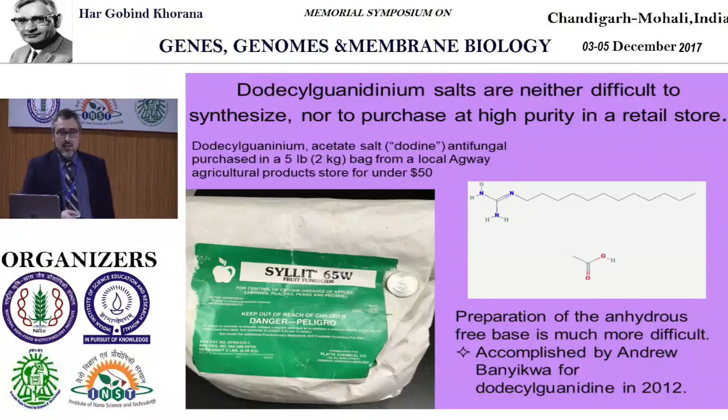But several of the keys to doing this were to make the hydrobromide salt of dodecyl guanidine first, and to crystallize it in a very anhydrous form from acetonitrile.